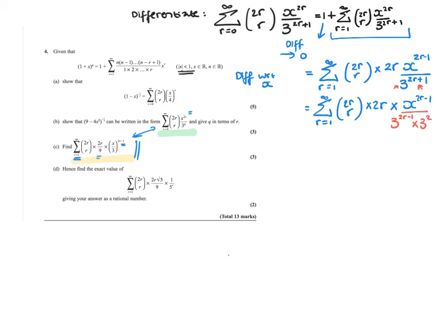So this is good because that 3 squared gives me a factor of 9 in the denominator, so I can then write 2r over 9 for this part here, and then for the last part I can just take x over 3 and raise that all to the power of 2r minus 1. So it's an equivalent statement.